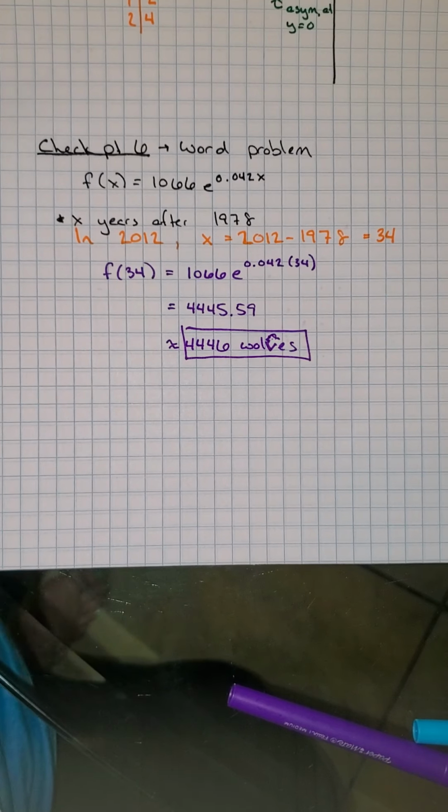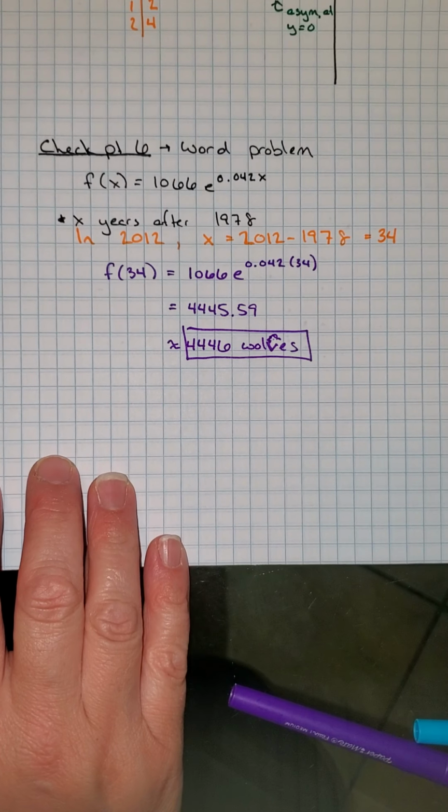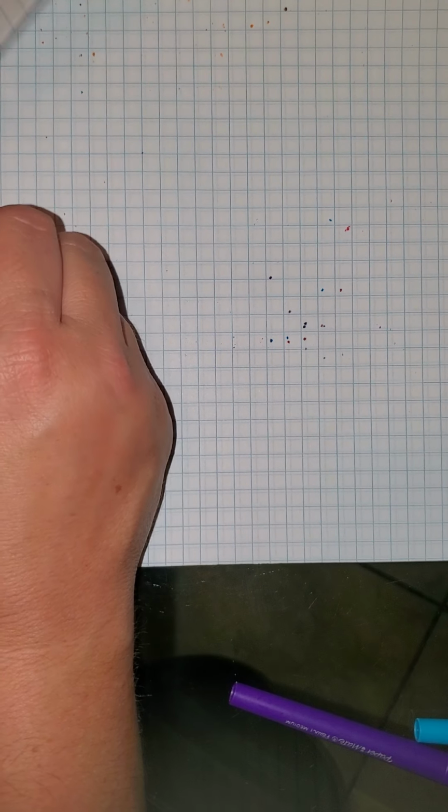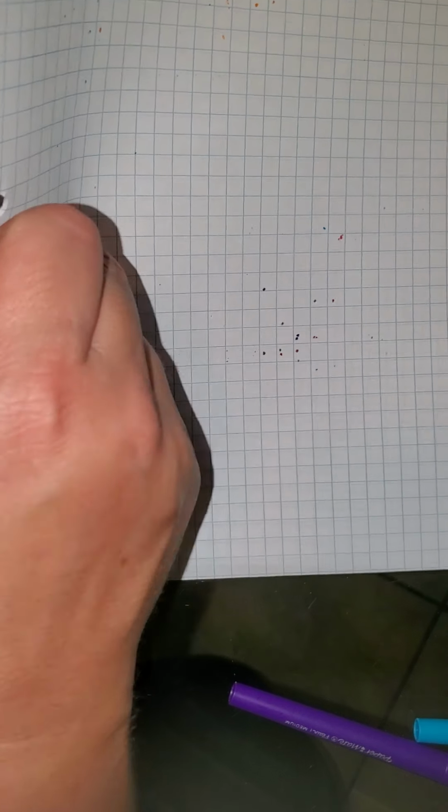All right, and then the last thing we need to learn is the money equations, the interest problems. So we're going to have compounding continuously or compounding at a specific set of time.